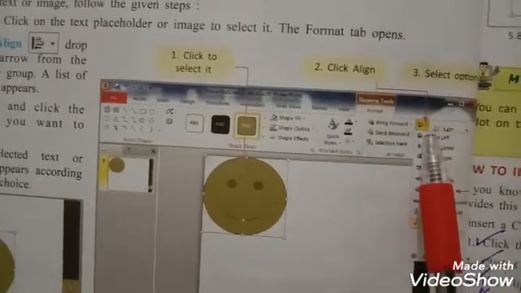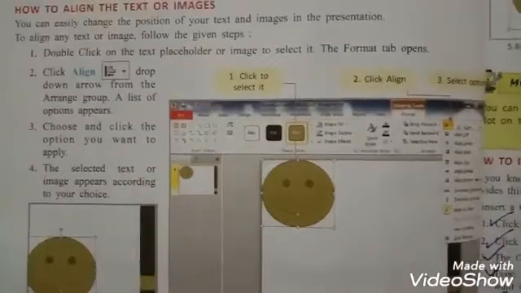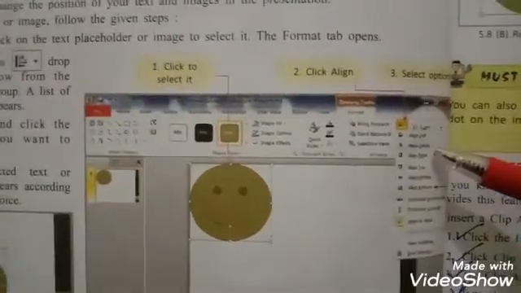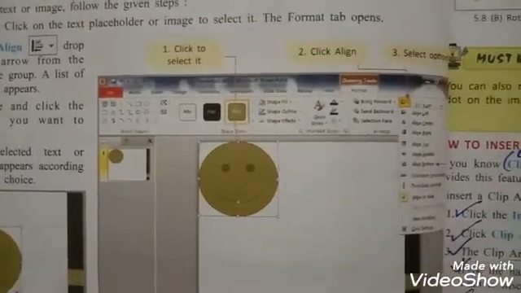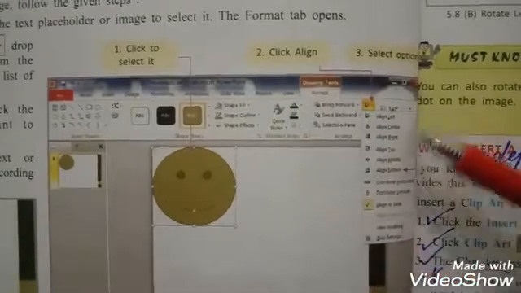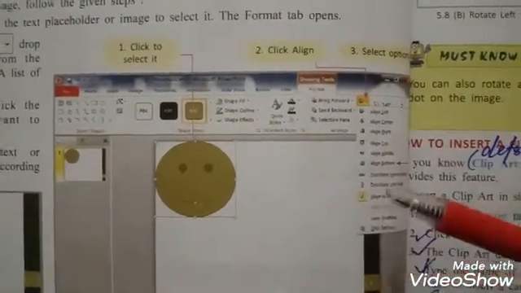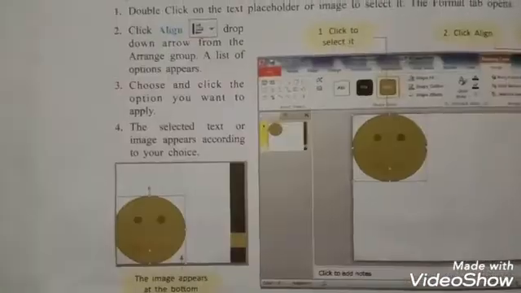When you click Align, a drop down menu appears. Choose and click any option you want to apply. The selected text or image appears according to your choice, like this.